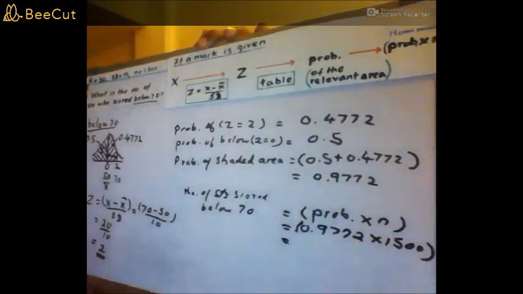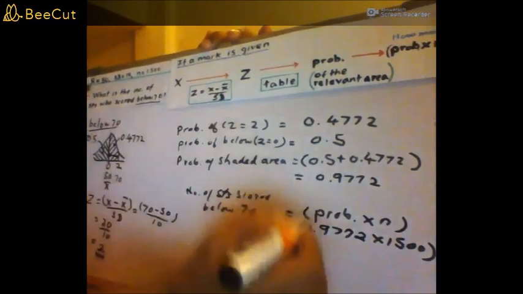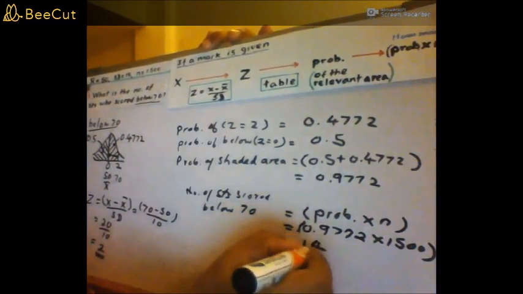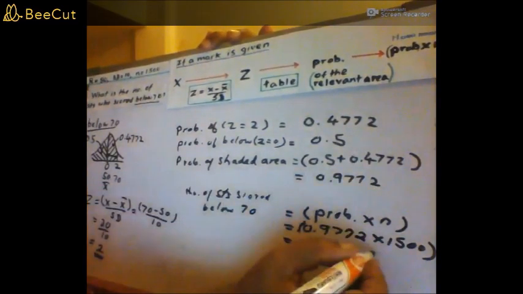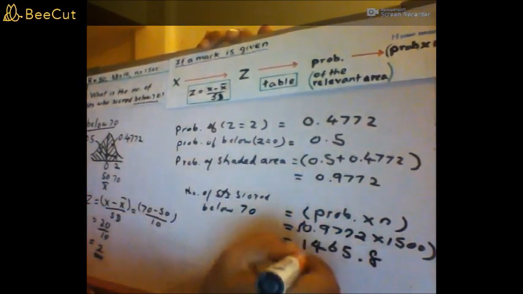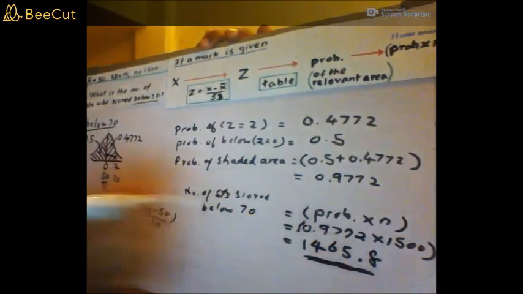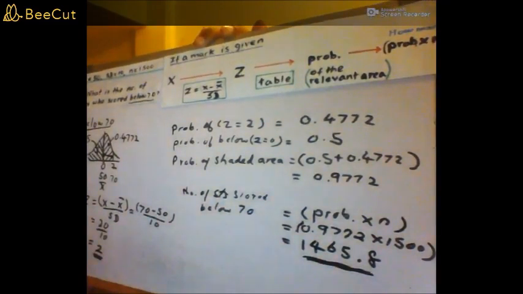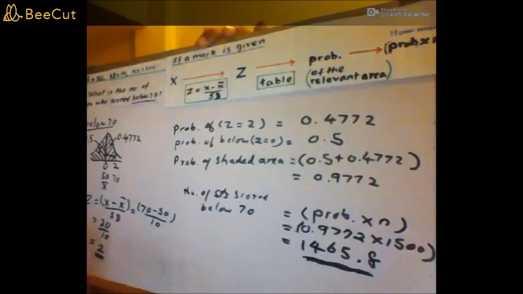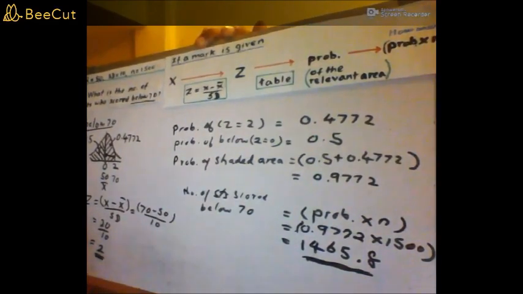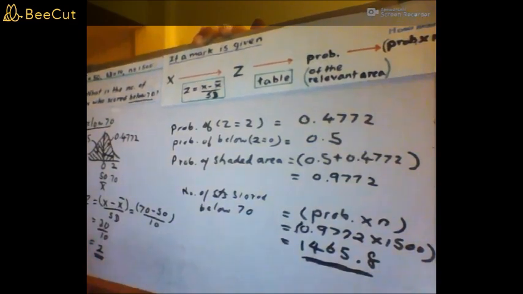The answer is 1465.8. So the number of students who scored below 70 is approximately 1466.